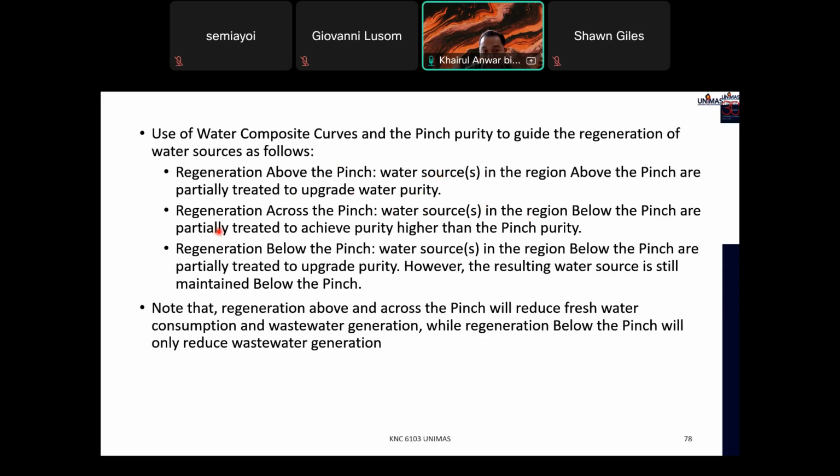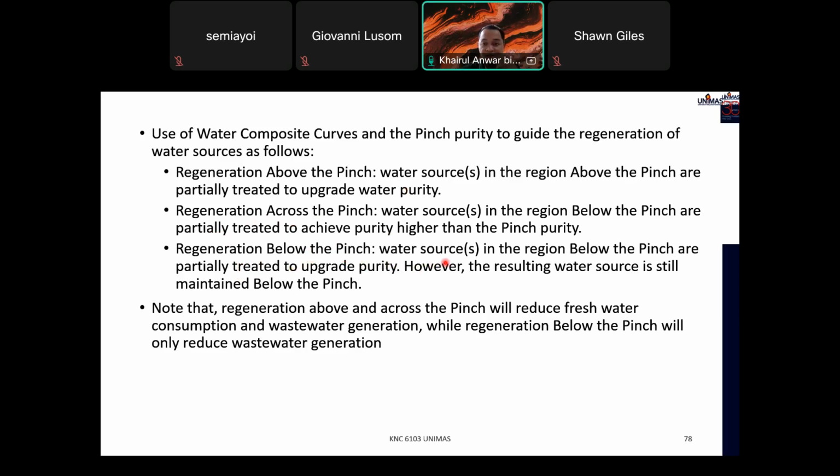For across the pinch, you need to regenerate it at least higher than the pinch purity, because the pinch purity is a level. Last time, based on Manan 2004, it's purity level 3, then we regenerate it above purity level 3. Regeneration below the pinch.